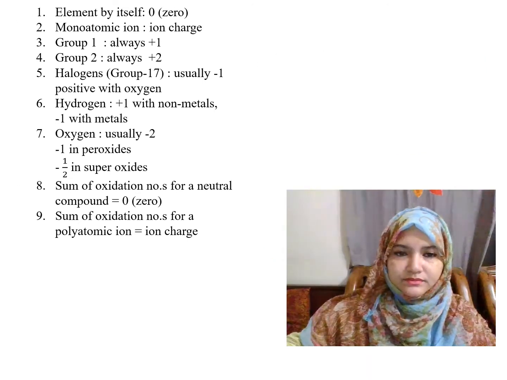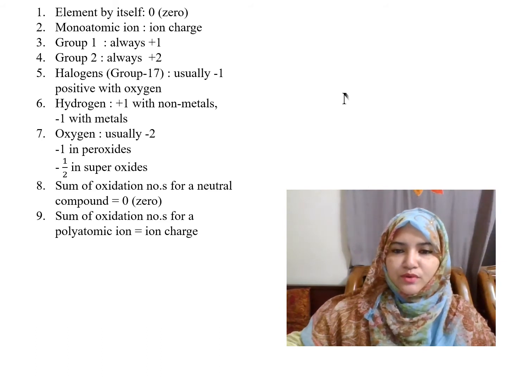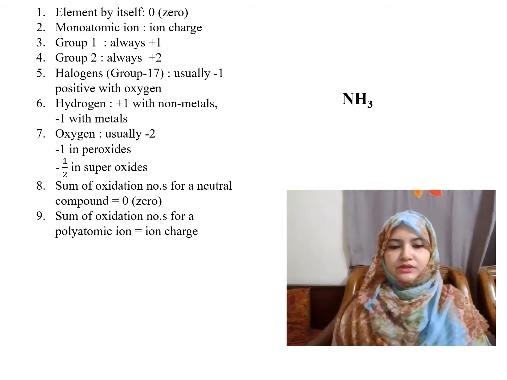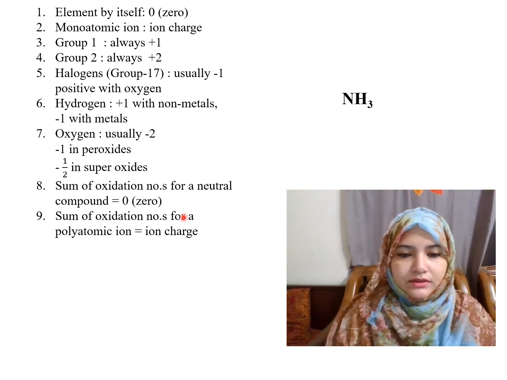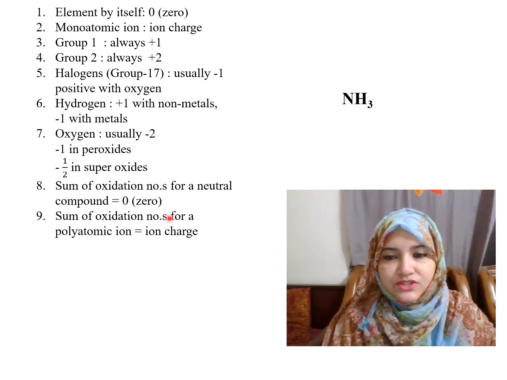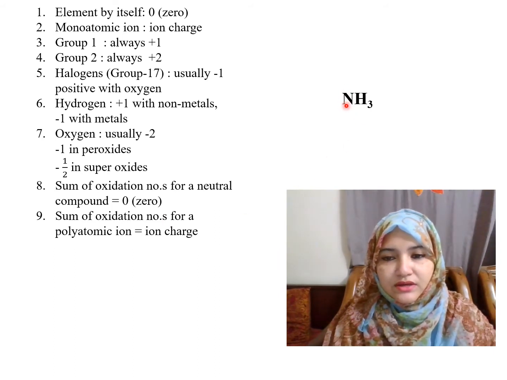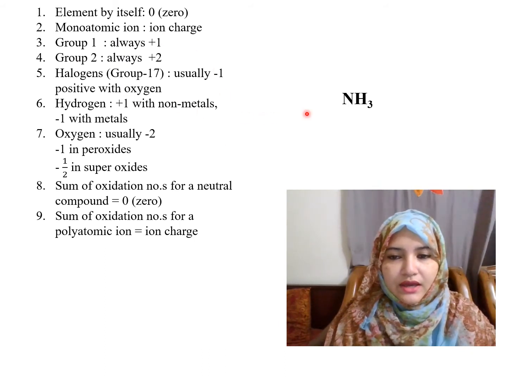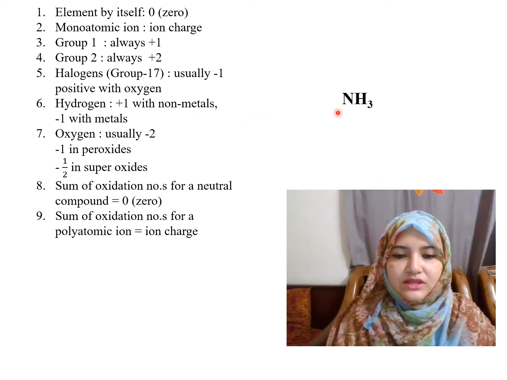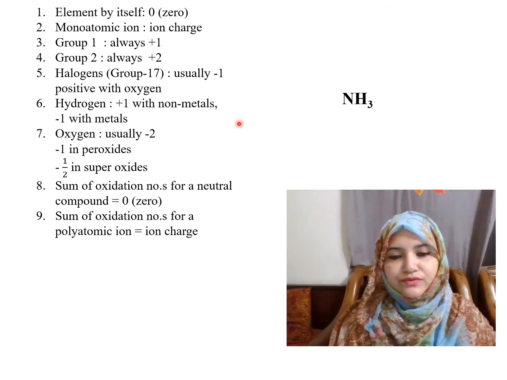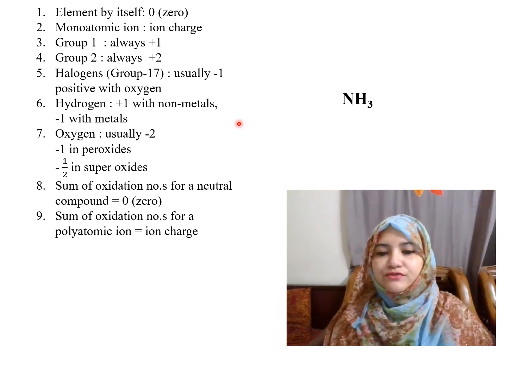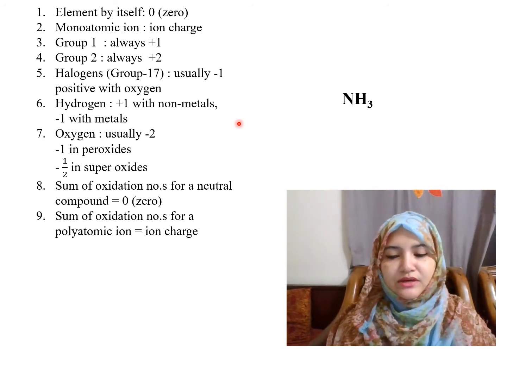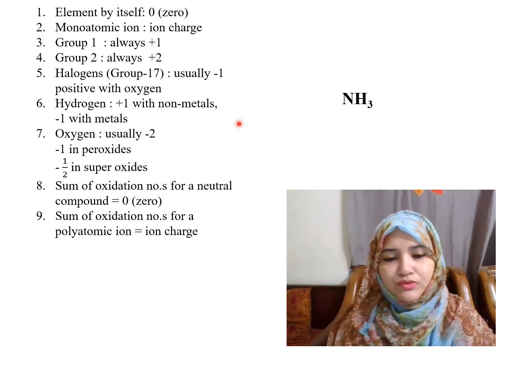And now our next compound, which is ammonia. There is not any information, any rule about nitrogen in these rules, so we will have to figure out its oxidation number using what we do know.